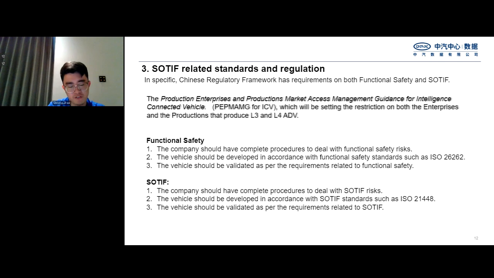Specifically for functional safety, the company should follow the complete procedures to develop the vehicles so that the functional safety risks can be completely solved, and the vehicles also have to be validated as per the functional safety requirements. The SOTIF part is pretty much the same. They have to follow the basic procedures to develop and validate the vehicles.